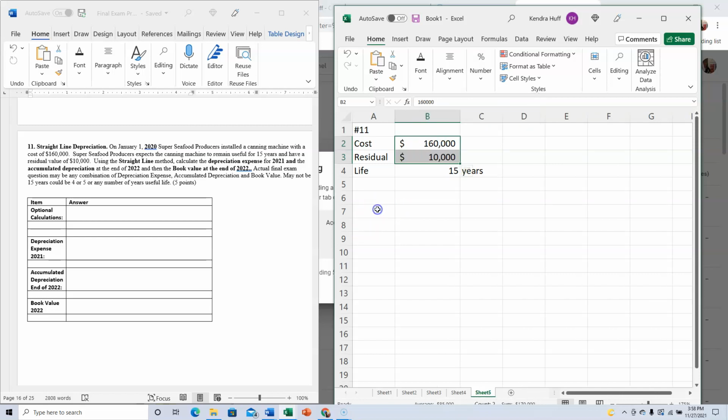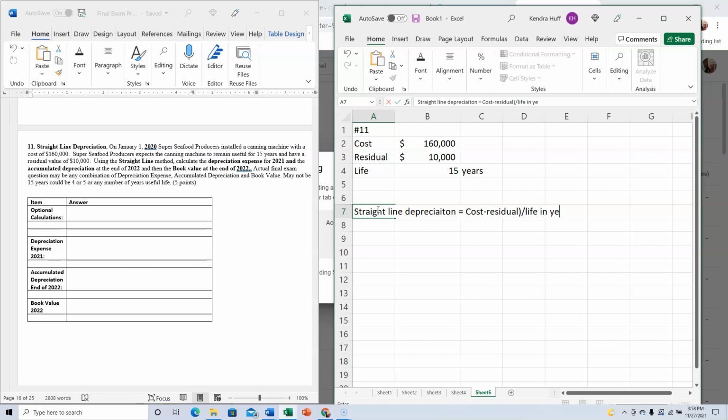All right, straight line depreciation equals cost minus residual divided by life in years.